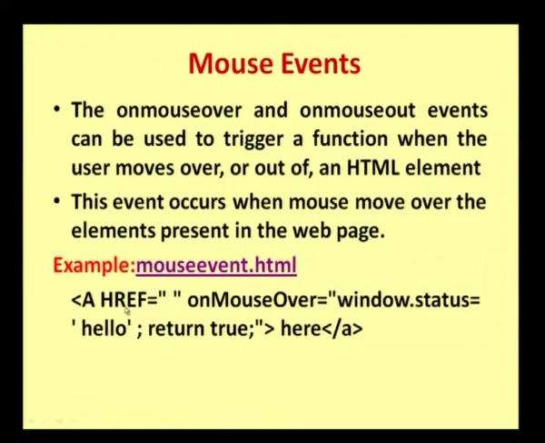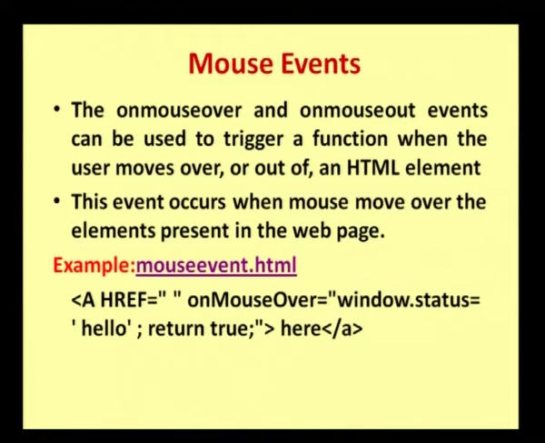So this is an event handled by the mouseover event in JavaScript. Whenever the user moves the mouse over the link embedded in the web page, some message should be displayed in the status bar of IE, not in the web page.